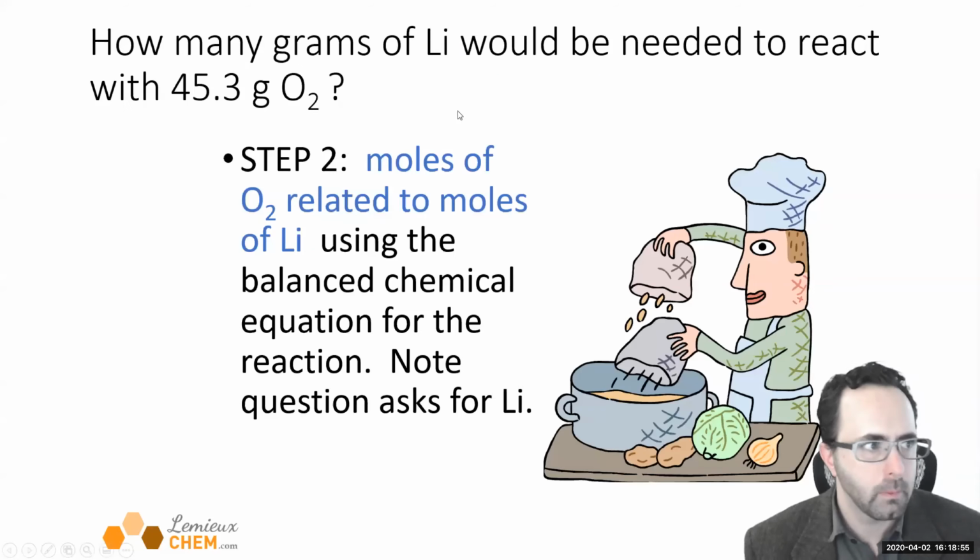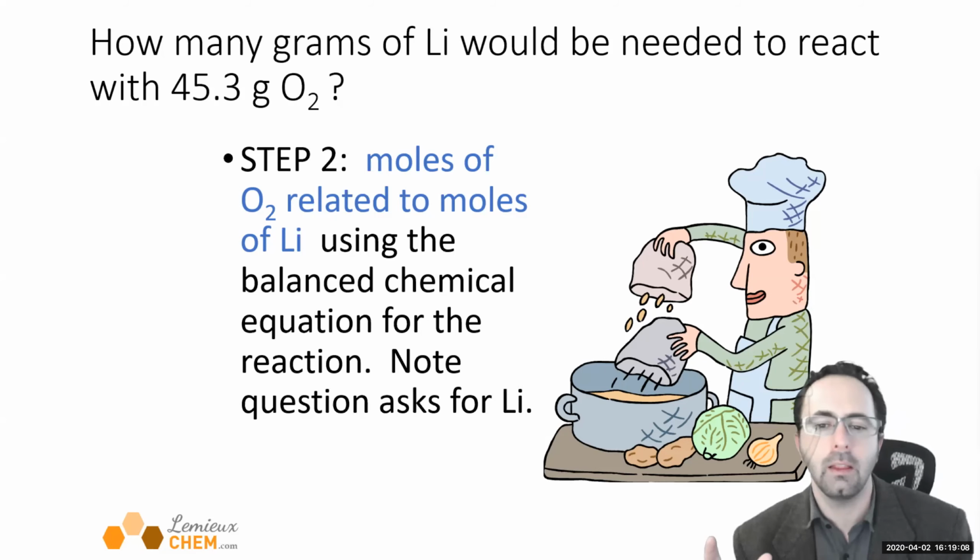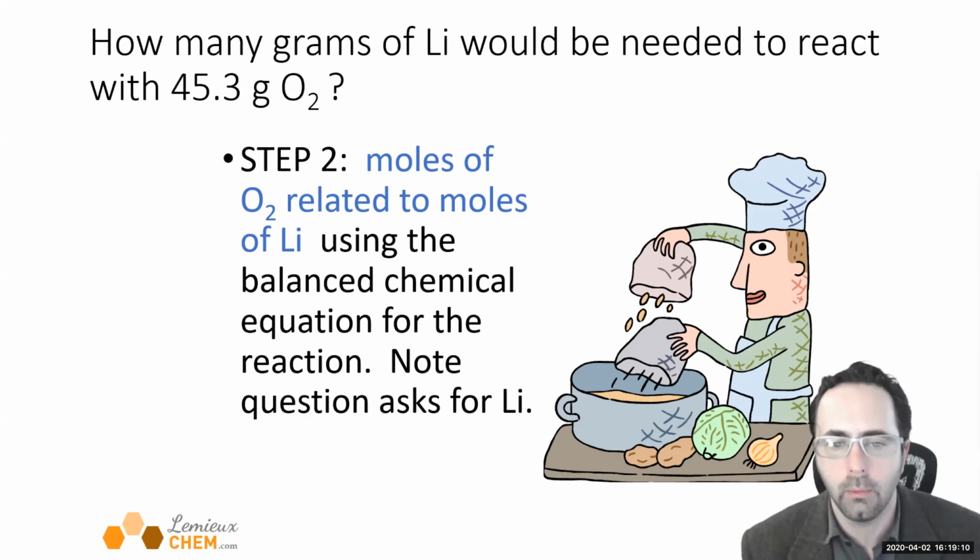So we're going to use the balanced equation, because the balanced equation tells us the relationship between how many O2 molecules react and how many lithium atoms will react as well. So step 2 is always going to be relating moles of one thing to moles of another in the reaction.